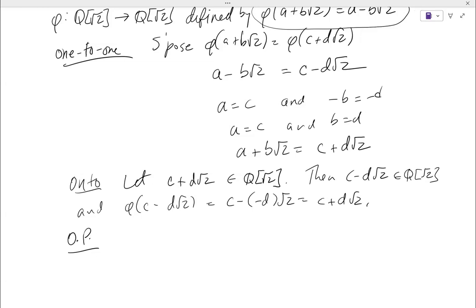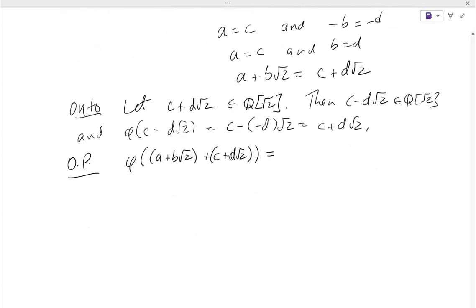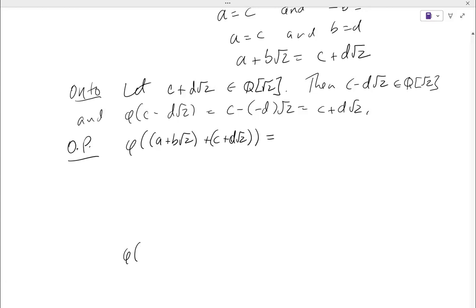All right, so remember for rings, we have to show that both operations are preserved by the function.